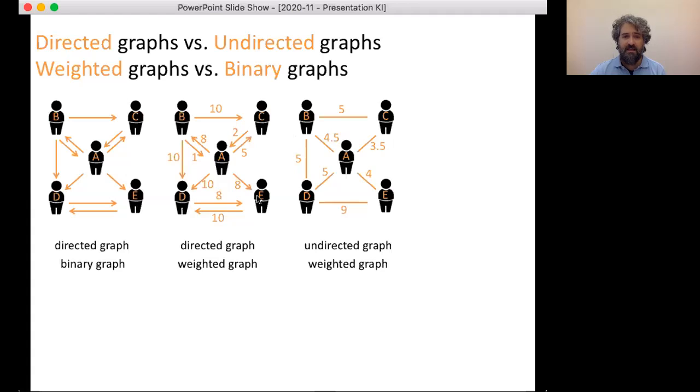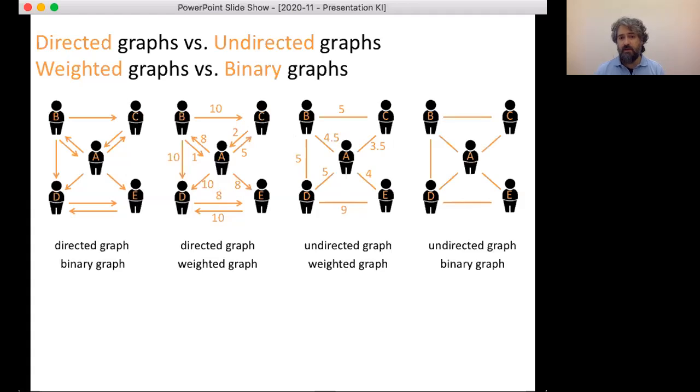For example, D is connected to E with weight 8, and E is connected to D with weight 10. On average, it's 9. So the undirected weight between D and E is 9. Finally, we can disregard the weights, and we will have an undirected binary graph, where we have just the connection. So in this case, which individual is connected with whom.